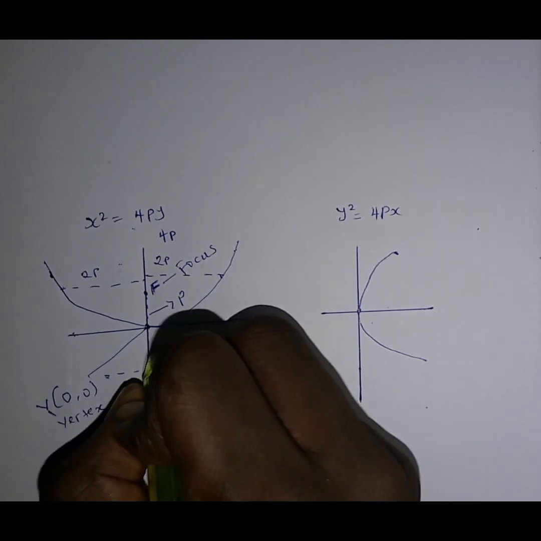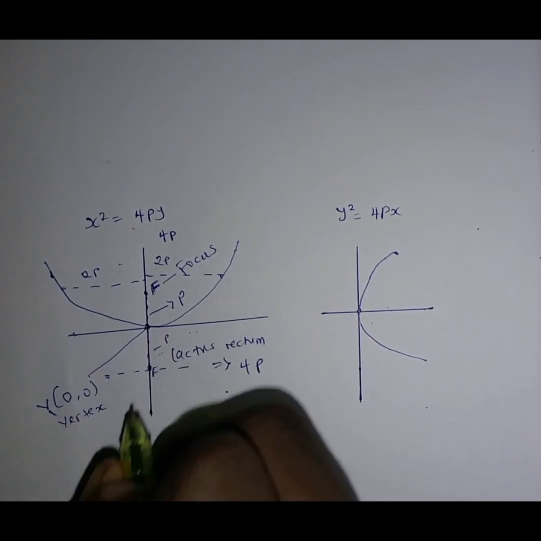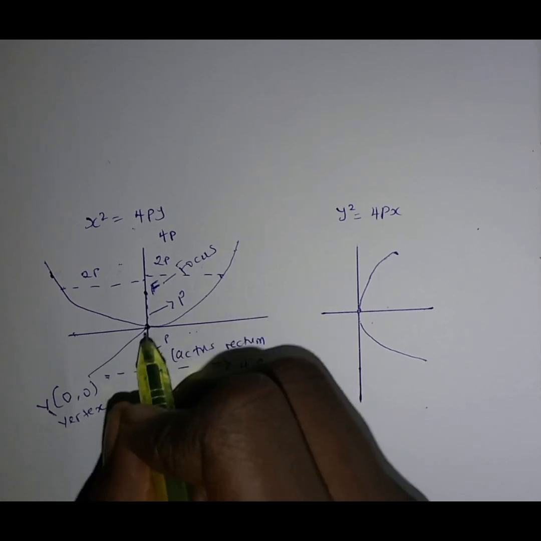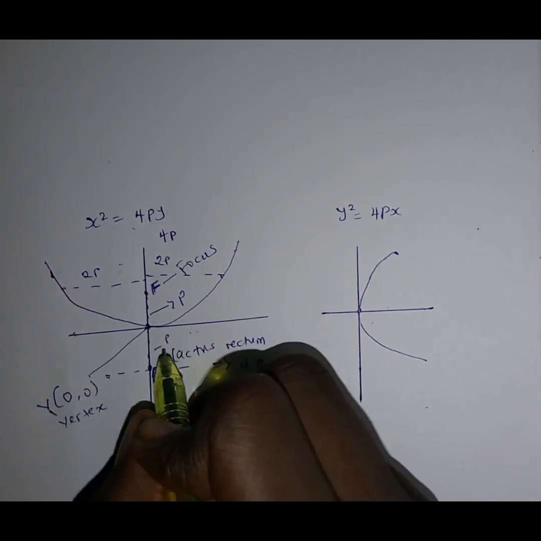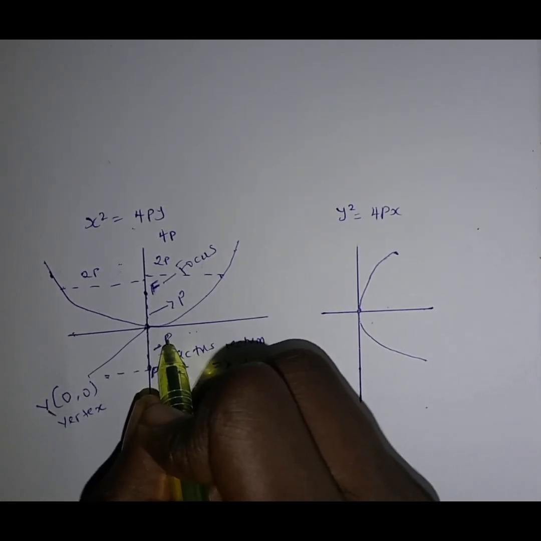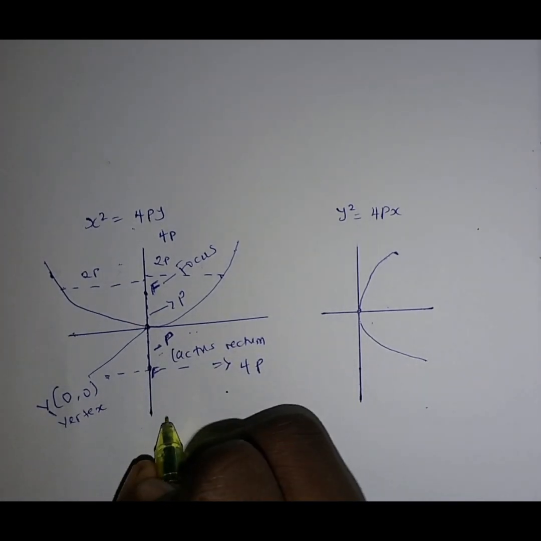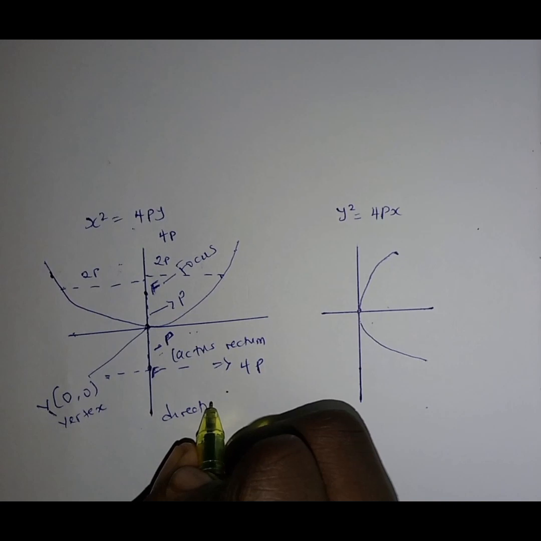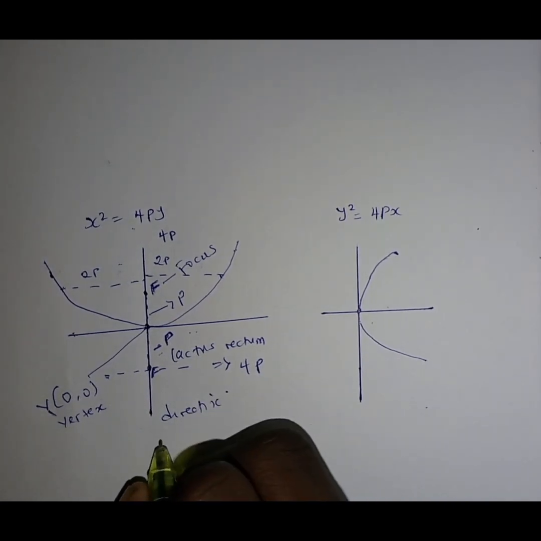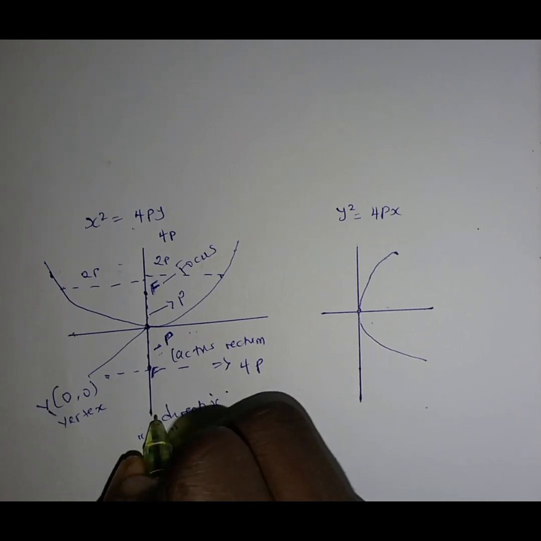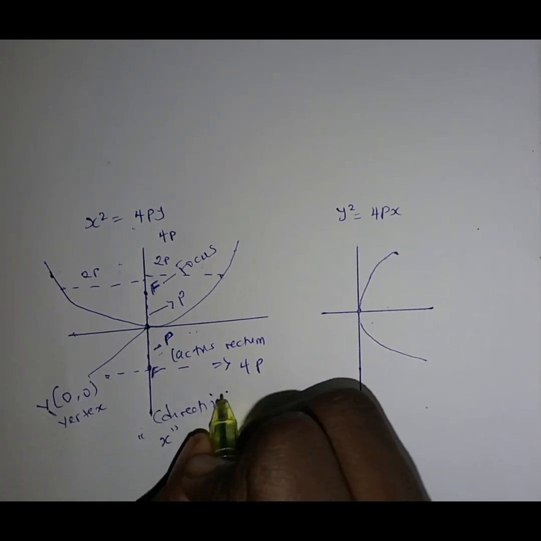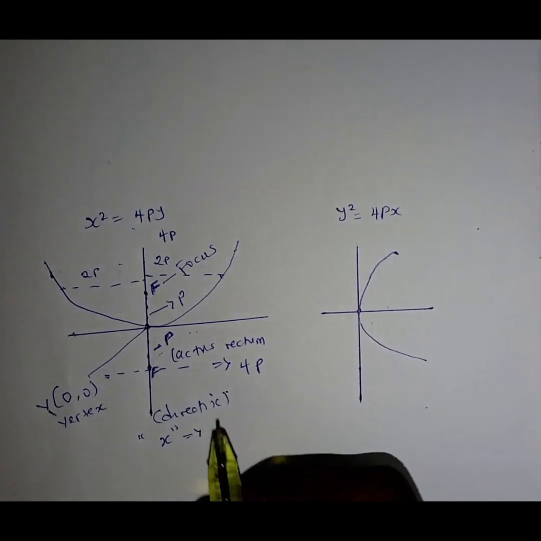This distance is p, and this is the focus. The opposite of the focus, at distance p, is called the directrix.